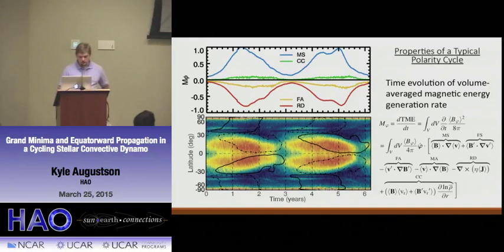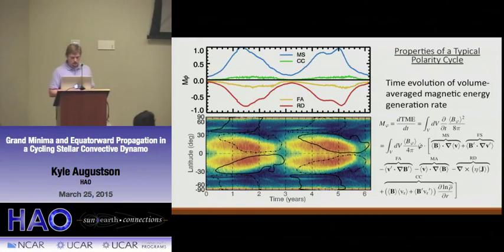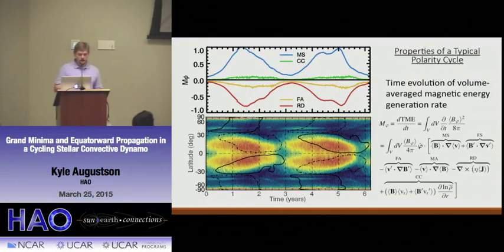Okay, so what you're seeing here is the volume integrated magnetic energy generation rates. And what I want to point out is that here you see the mean shearing term, so this is basically the omega effect, which is here. And it is modulated significantly with the cycle, changing by about a factor of 10. The reason for that is, of course, that you're modifying your differential rotation.